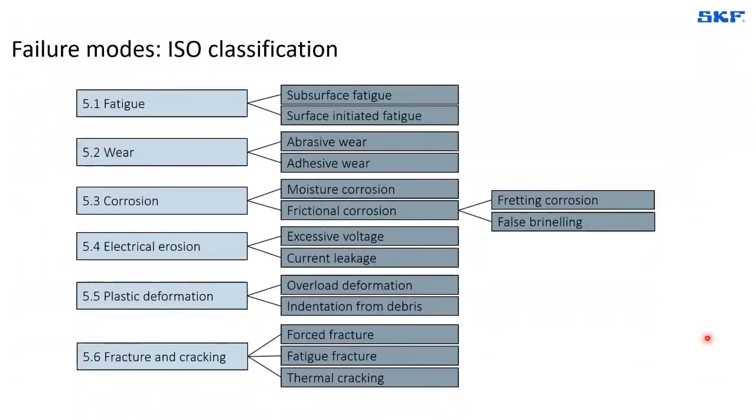The ISO classification is basically a joint effort of different bearing manufacturers on the terminology to identify the most clear and direct failure modes. It does not cover everything, and it's limited to failures in service.